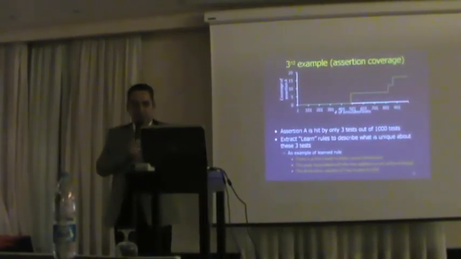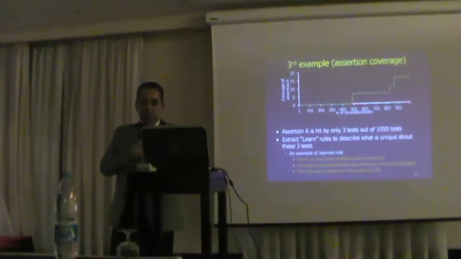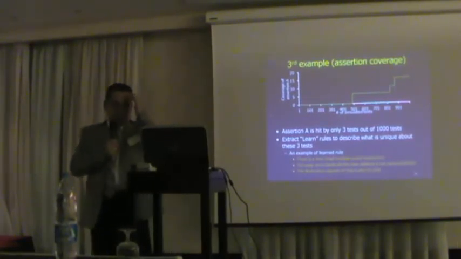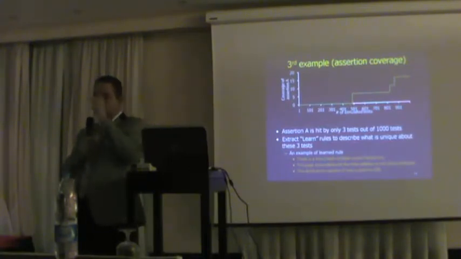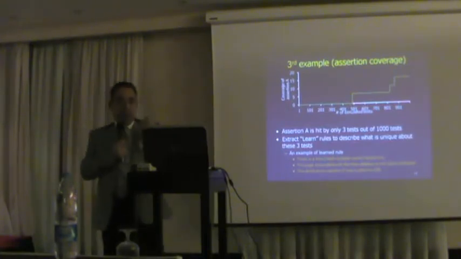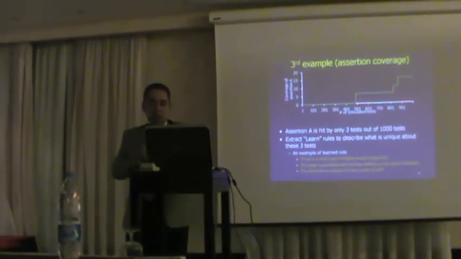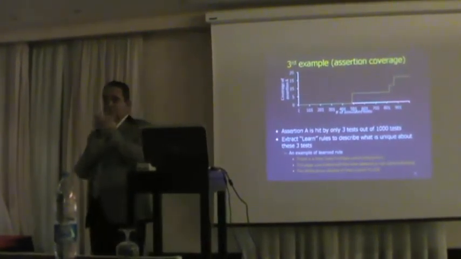The third related area is what we call assertion coverage. In assertion coverage, you try to hit, an assertion is one type of condition that you try to hit, and you may be running a lot of simulation, but you never get this condition satisfied.